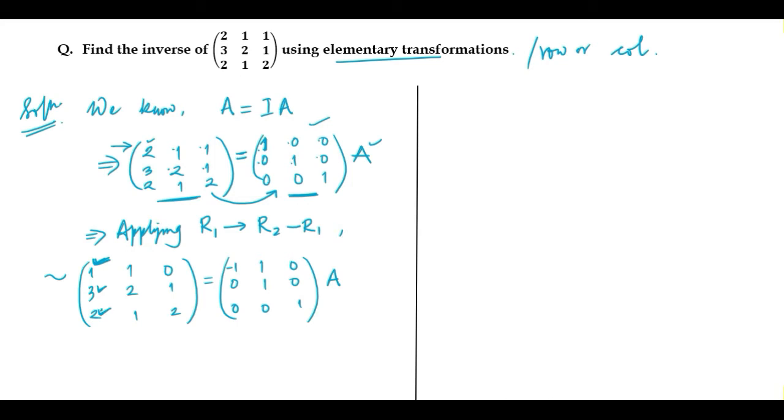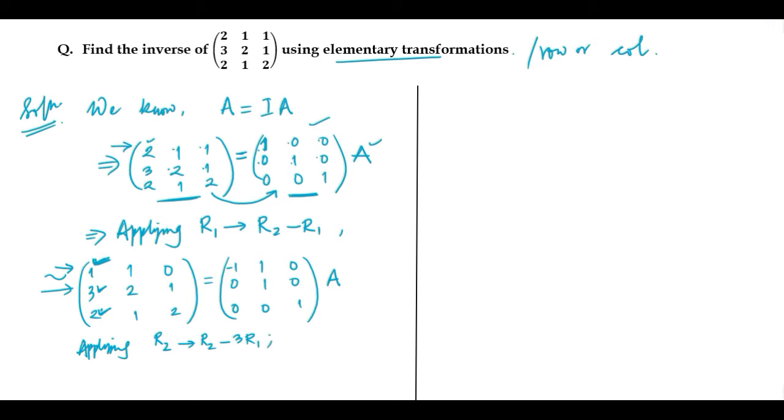So you will now apply R2 replaced by R2 minus 3 times R1. R2 is starting with 3, and minus 3 times R1, so 3 minus 3 will give you 0.